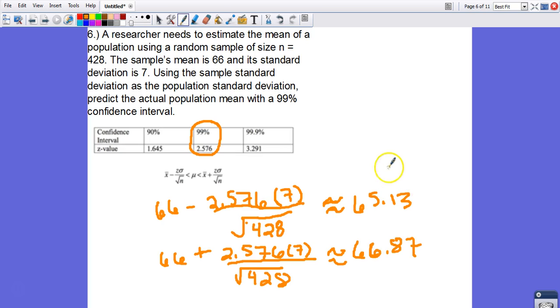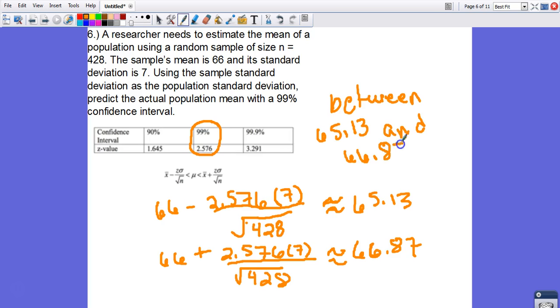66.87. Okay, so when it asks predict the actual population mean with the 99% confidence interval, it means the actual mean is going to be between 65.13 and 66.87.